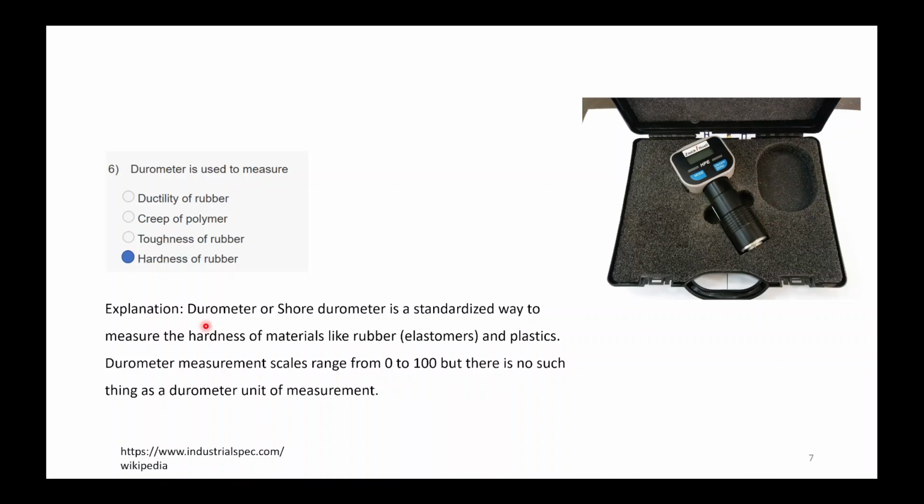The durometer, also called the Shore durometer, is a standardized way to measure the hardness of materials like rubber and plastics. Durometer measurement scales range from 0 to 100, but there is no such thing as a durometer unit of measurement. So this is mainly used for rubbers and plastics.